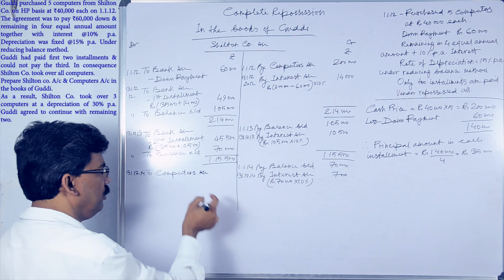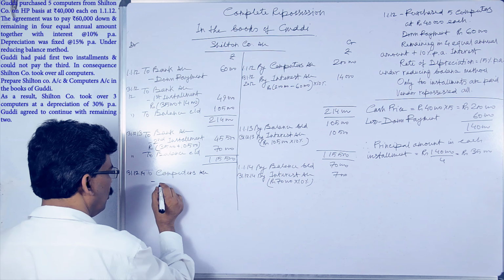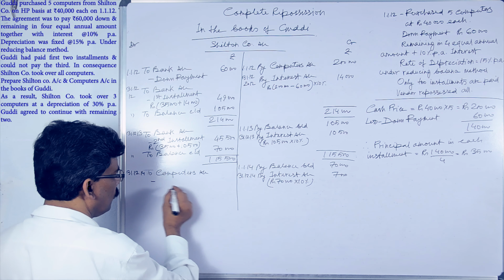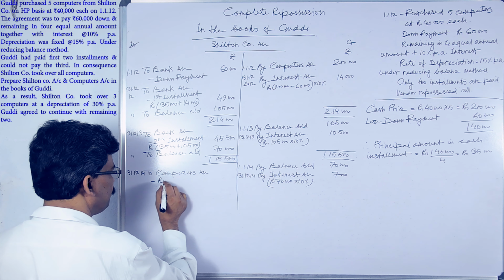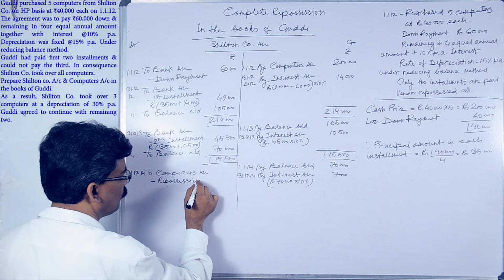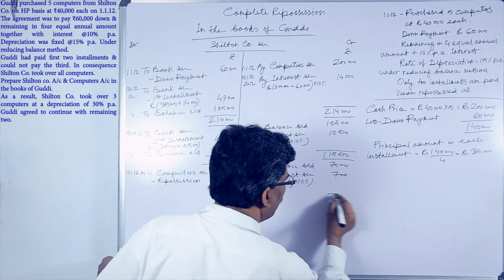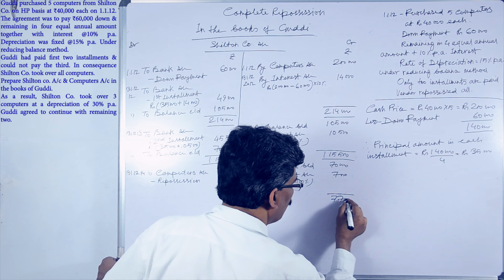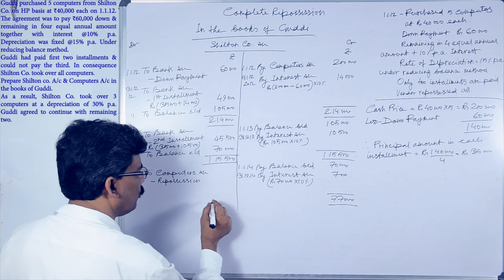Shilton Company account debit to computers account. This one is repossession. And the repossession is to be made at rupees 77,000, is total of this.